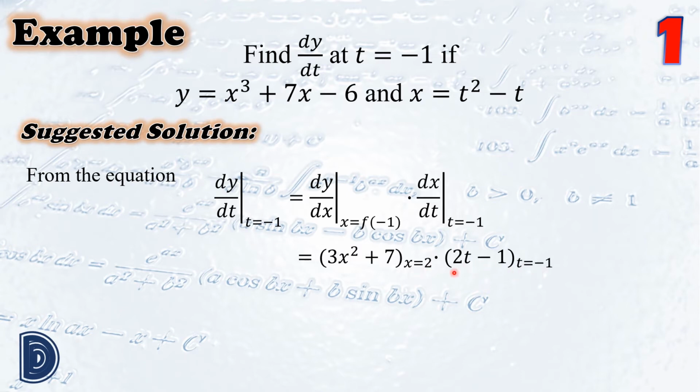Substituting x equals 2 and t equals negative 1, we have 2 squared is 4 times 3, that is 12, plus 7, we have 19. When t is negative 1, we have 2 times negative 1, that's negative 2, minus 1, we have negative 3. Therefore, the derivative of y with respect to t at t is equal to negative 1 is equal to negative 57.